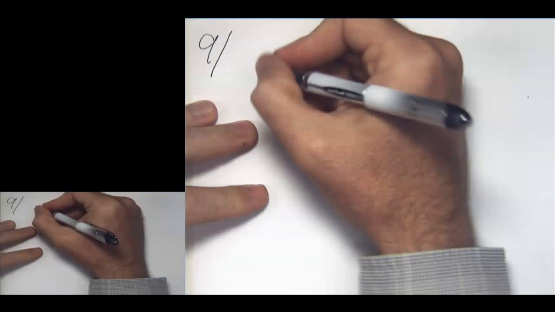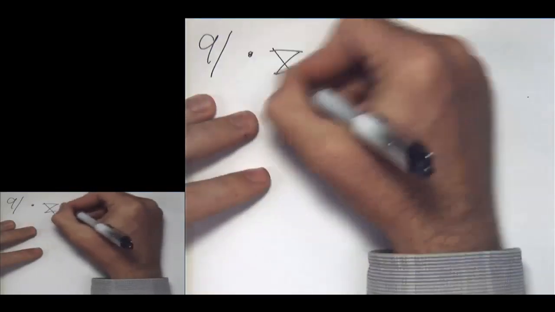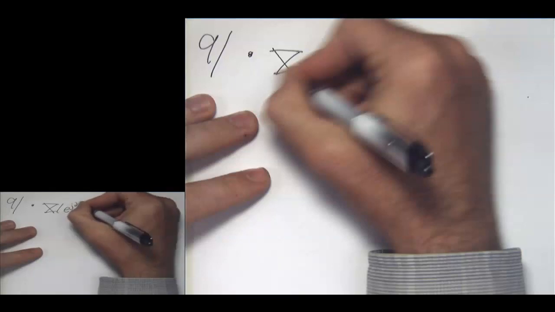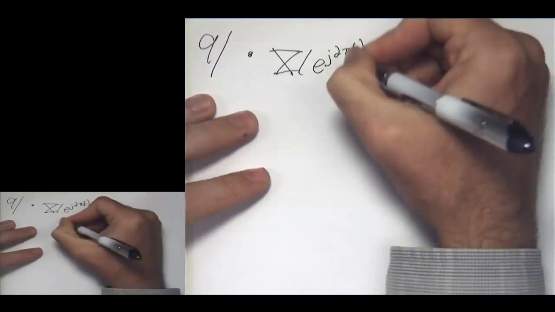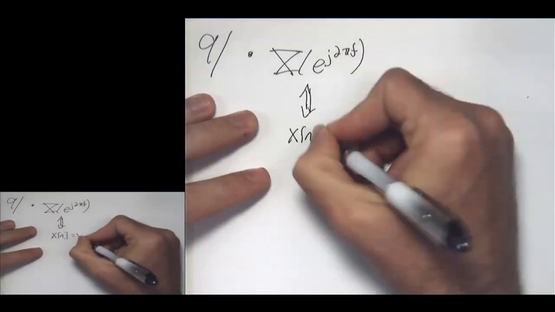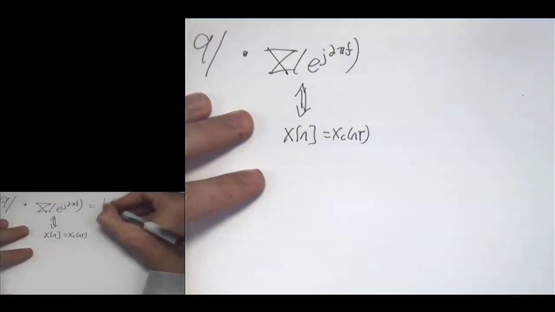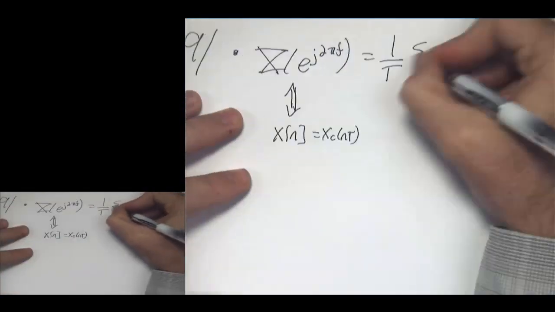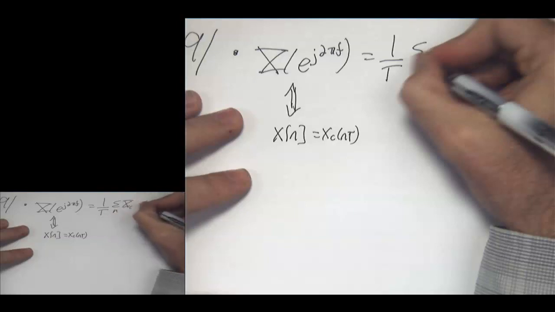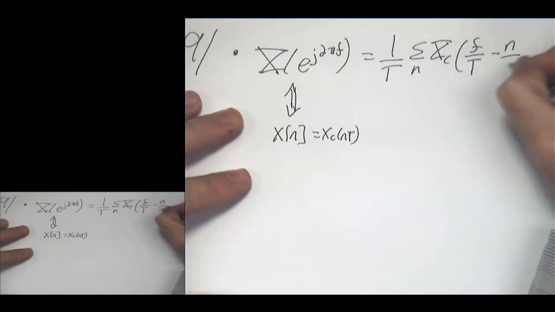In discrete time, x of e to the j 2 pi f, which is the Fourier transform of our sampled sequence x of n, is equal to 1 over t sum over n x sub c of f over t minus n over t.